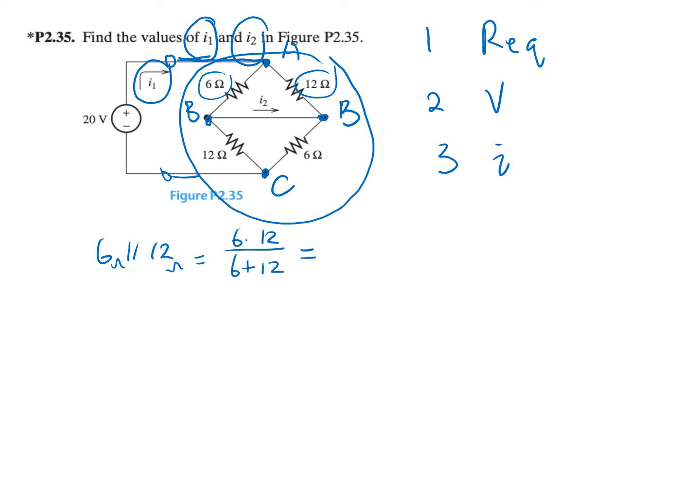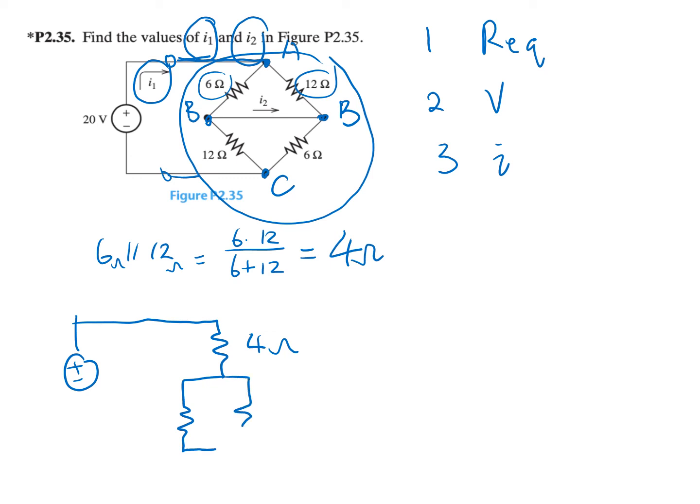This is equal to 4 ohm. So we can redraw the circuit like this. Now this becomes a 4 ohm resistor, and now this is 12, this is 6.